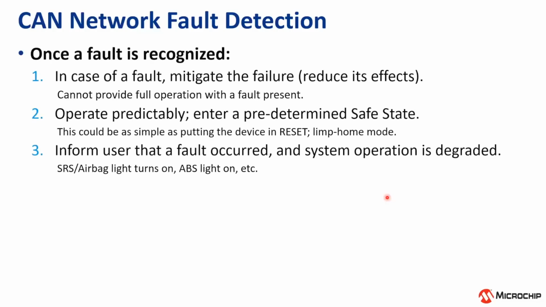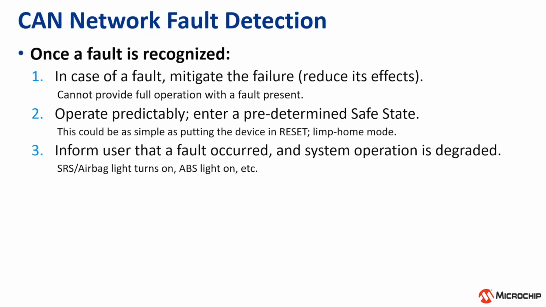So, fault detection, either on the CAN network or maybe on just generic hardware. In case of a fault, we mitigate that fault, and mitigate means reduce its effects. And at that time, once we detect that there's a fault, we cannot provide full operation.